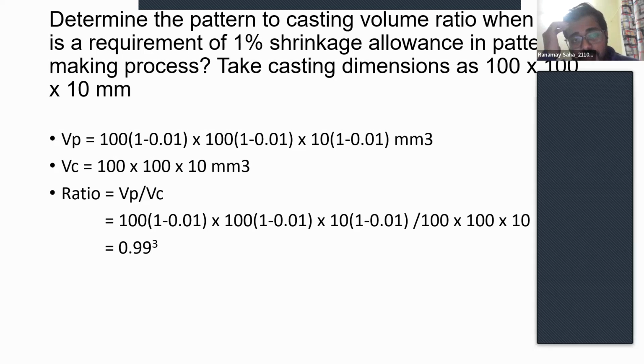So when there is 1% shrinkage, because this is a volumetric term, the dimension comes in cube. So whatever the shrinkage allowance is given, you should take its cube. So 1% means 1 minus 0.01 is 0.99. You can directly look at the percentage and tick. Don't do such types of questions by hand.